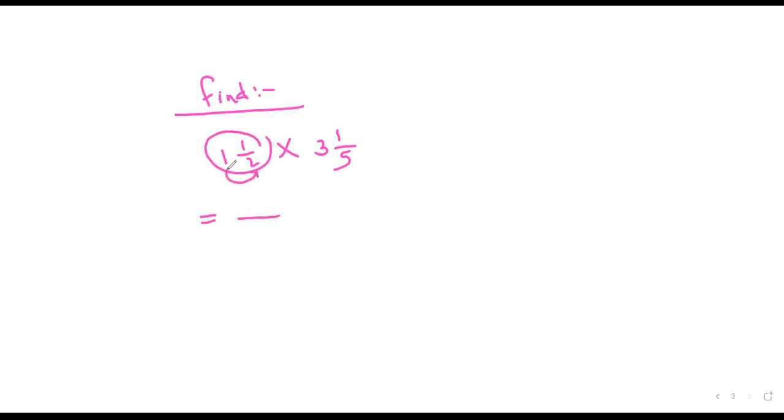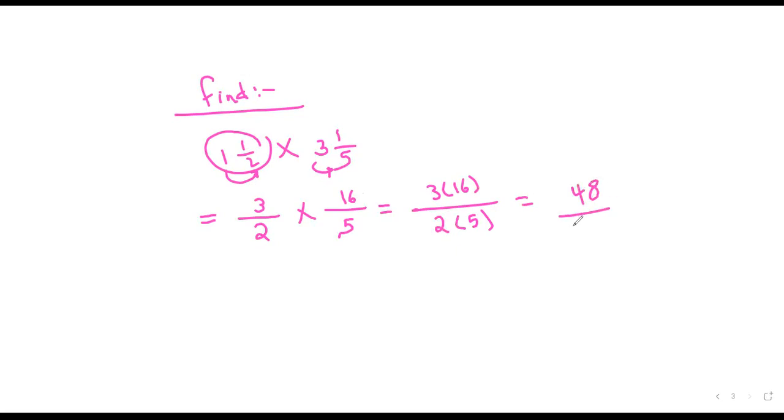So 1 multiply 2 is 2 plus 1 is 3. 3 multiply 5, 15. 15 plus 1, 16. Then 3 multiply 16 is 48. And you multiply 3 by 16 and 2 by 5. 3 multiply 6, 18. So 48 over 10 means 4.8.